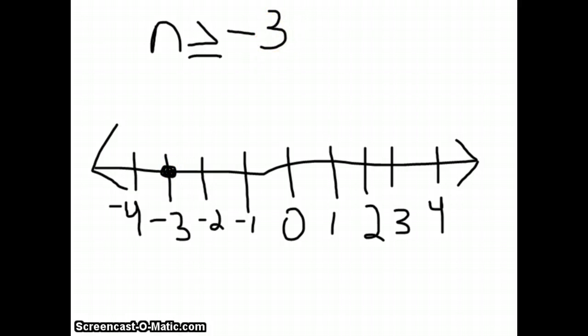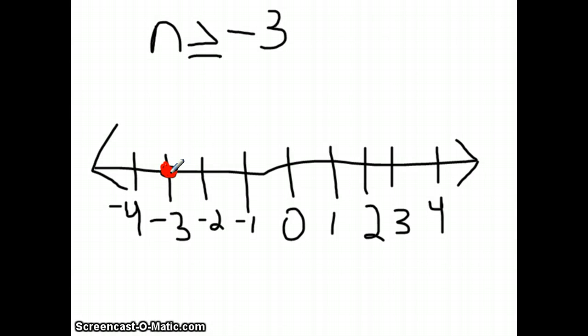And let me change colors real quick so we can actually see what's going on here. So we'll color in this circle on -3, and now think about which direction I'm going to go to include the rest of the numbers that fit this inequality.